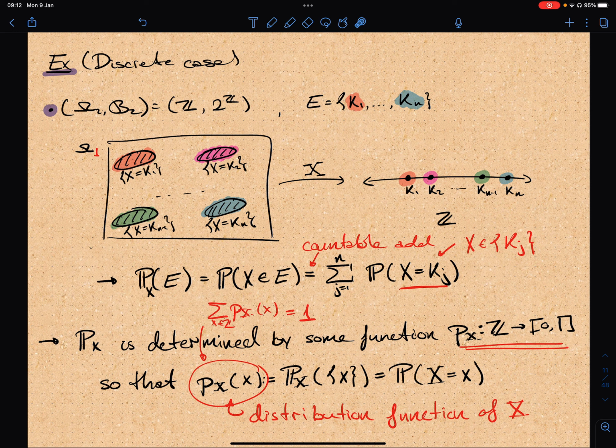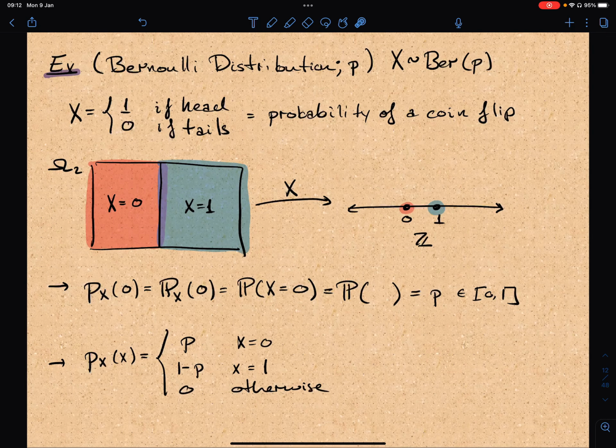And implicitly, by computing probabilities of events this way, we're using the countable additivity condition. So it's kind of built into there. This is the general idea, the general setting, and now let's look at some specific examples.